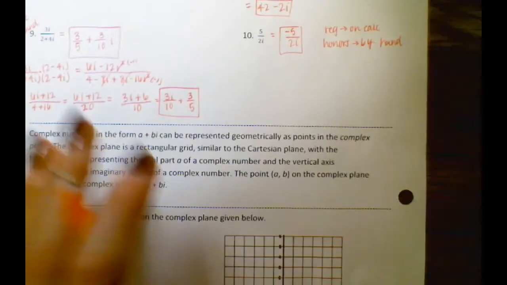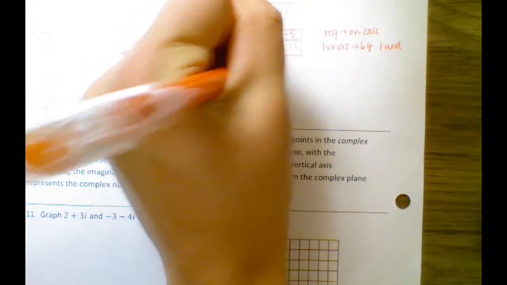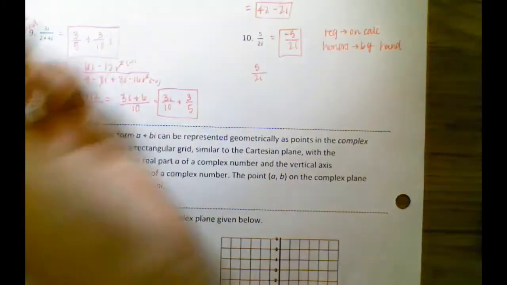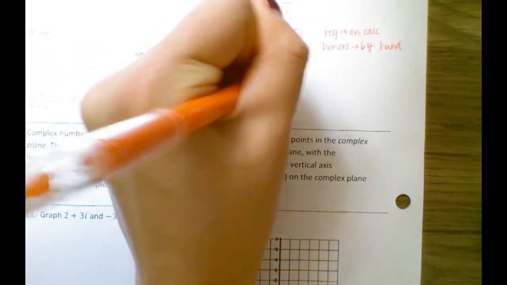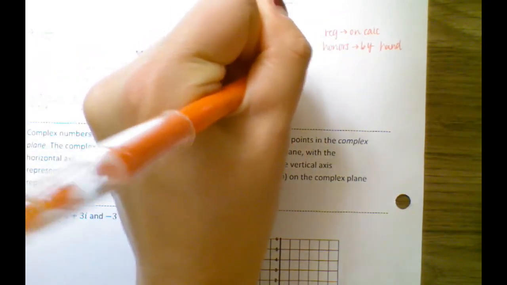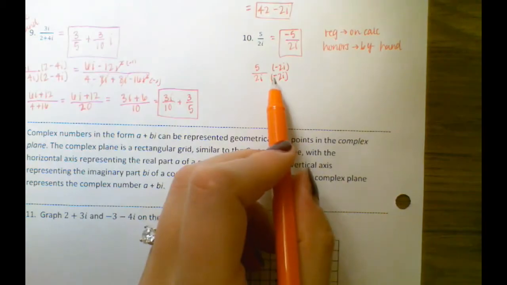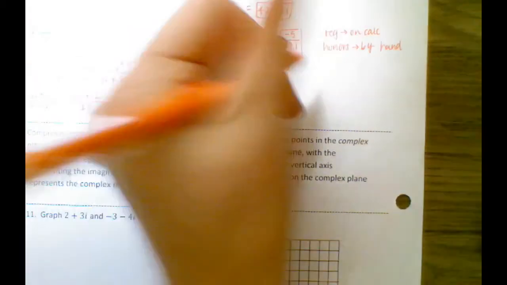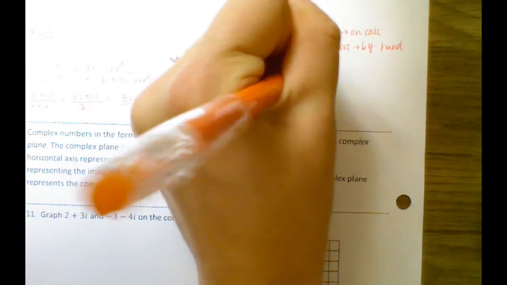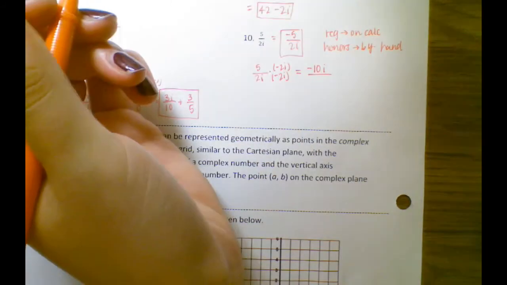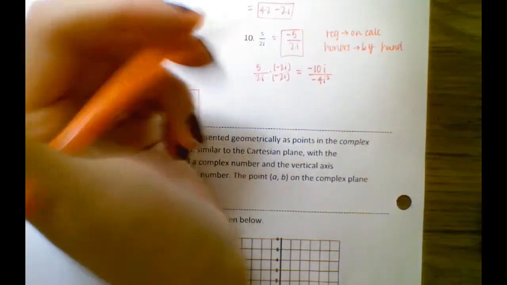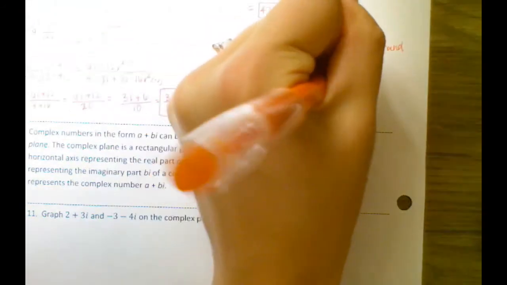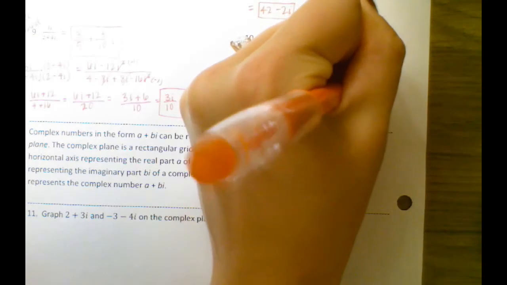All right, so honors kids, we've got 5 over 2i, and again, we're going to just change the imaginary term. So we're going to multiply by negative 2i in both the numerator and denominator, because then that means we're really multiplying by 1 here, okay? So we get negative 10i all over negative 4i squared, right? 2 negatives make a positive, so this is really 10i over 4i squared.